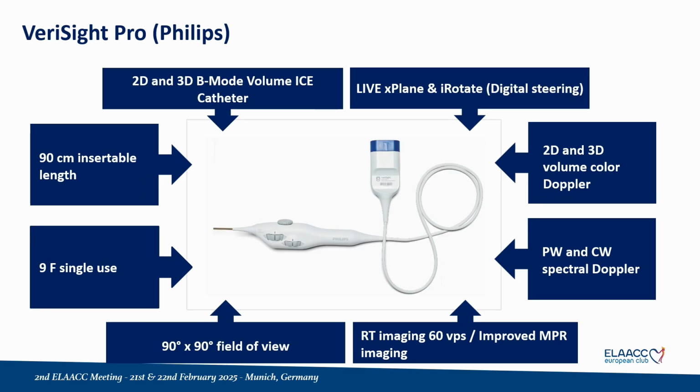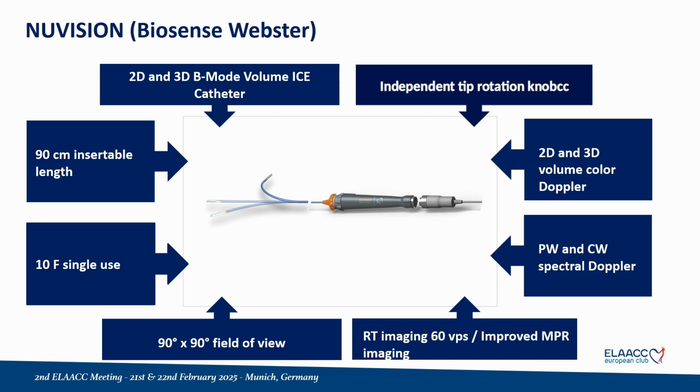VeriSight Pro is basically similar, but the device is 9 French. The volume of acquisition is higher, 90 by 90. In addition, we have live expand and digital steering. The eye rotate is an electronic orientation of the echo beam. And finally, the new Vision is 10 French. The volume of acquisition is 90 by 90, with an independent tip rotation, a mechanical rotation of the probe.